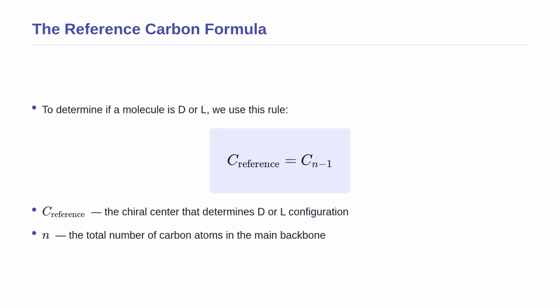In this simple formula, the symbol N represents the total number of carbon atoms in the main backbone of the sugar molecule. The expression C sub n minus 1 tells us exactly which carbon atom we need to look at to determine if the molecule is the D form or the L form. If the total carbons increase, our reference carbon simply shifts down the chain.